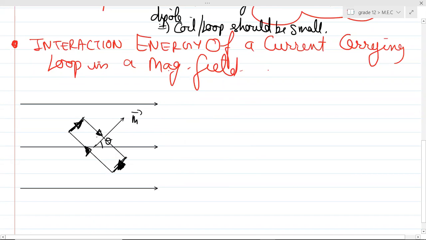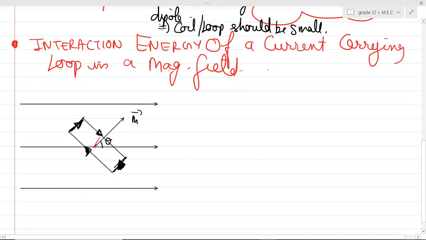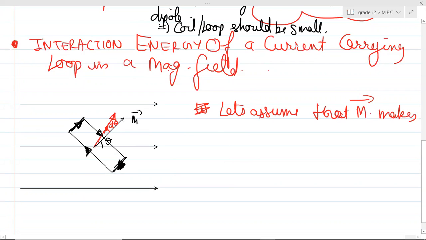I'll rotate this by a small angle d theta. So let's assume that the magnetic moment makes an angle theta with the magnetic field.